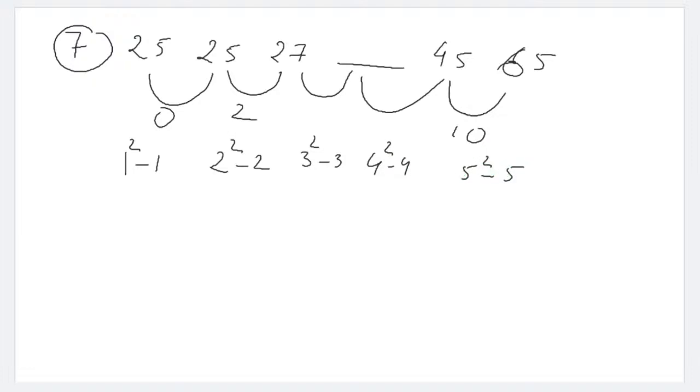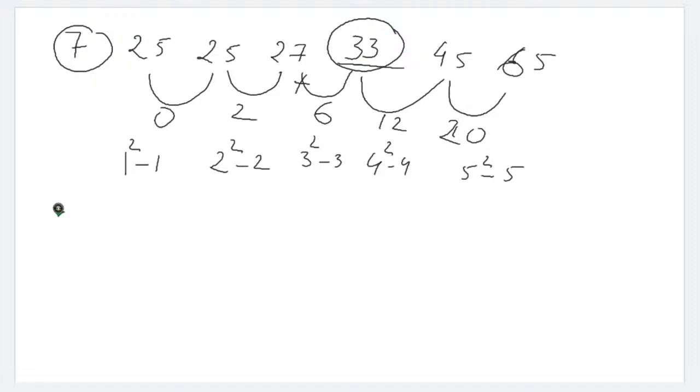It's just a mistake, guys. 45 and 65 difference is 20. Sorry. So 3 square minus 3 becomes what? 3 3s are 9. 9 minus 3 becomes 6. Then 4 square minus 4 becomes what? 16 minus 4 becomes 12. So if I add 27 plus 6, it becomes 33. So the answer is 33.